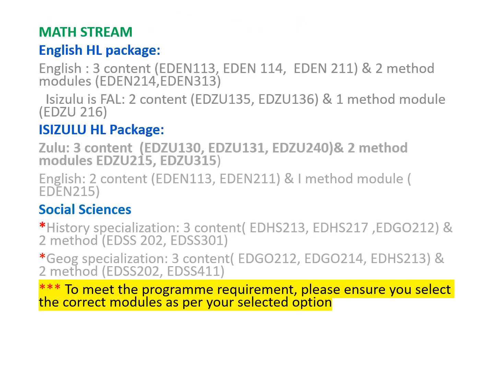The mathematics stream also has the same language options. English HL, meaning isiZulu is FAL, or isiZulu home language and English is FAL. And again, the modules that one needs to complete is explicitly listed. I'm emphasizing this.